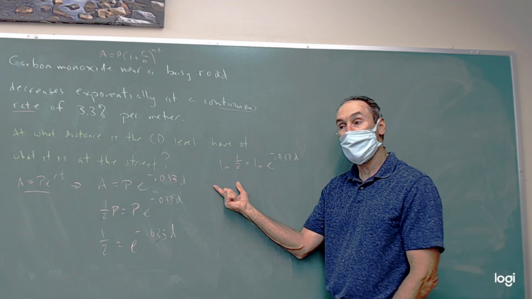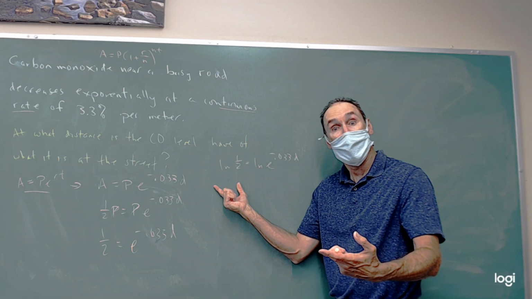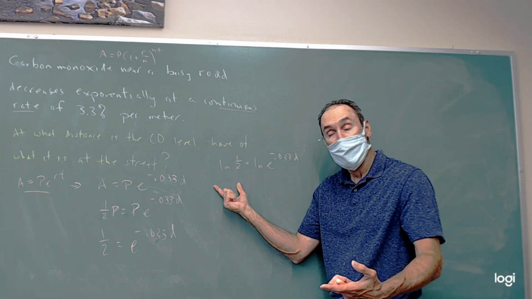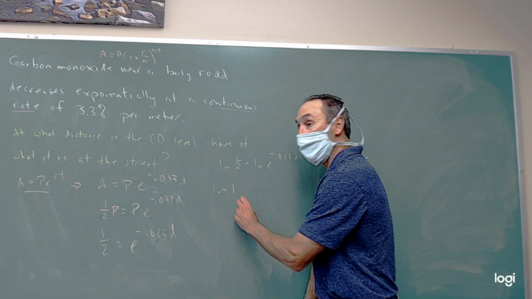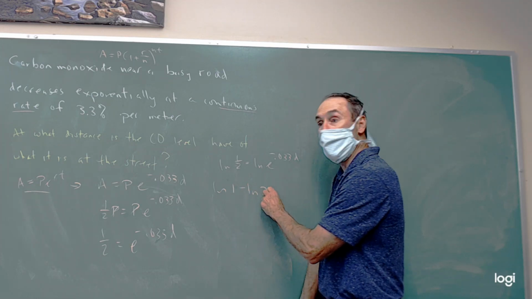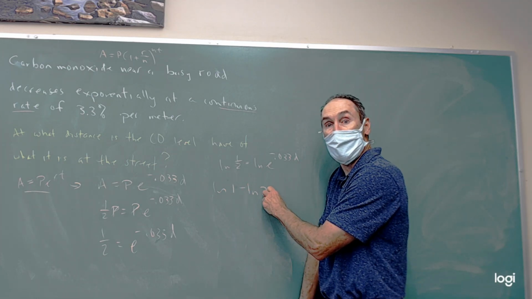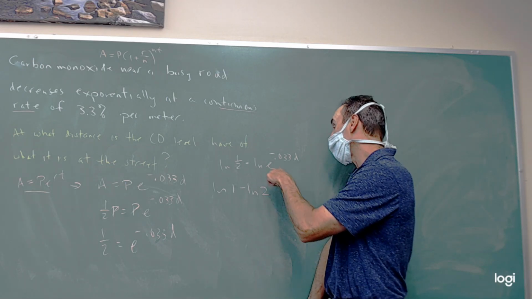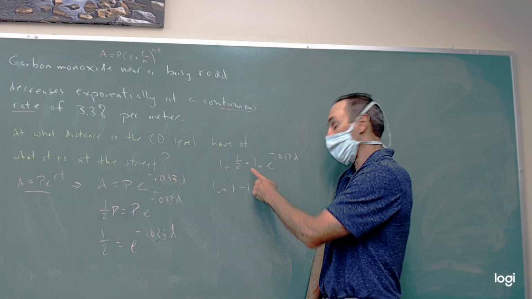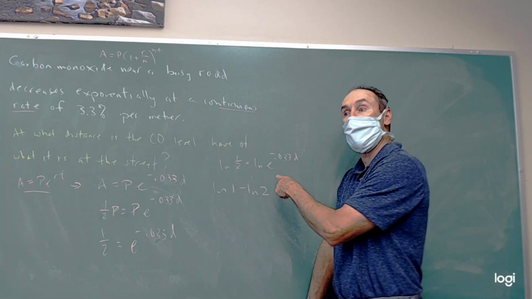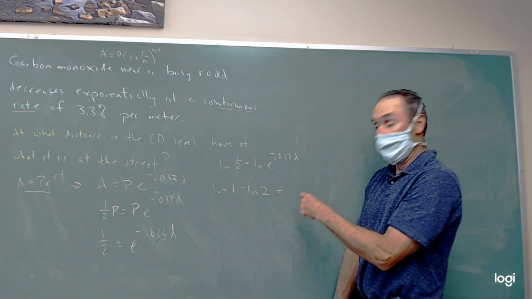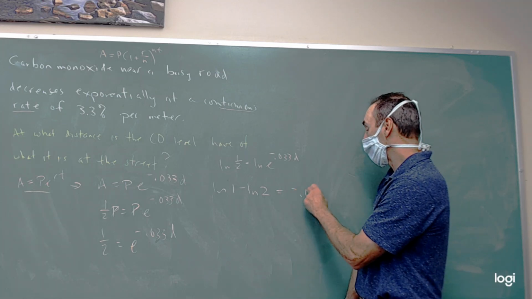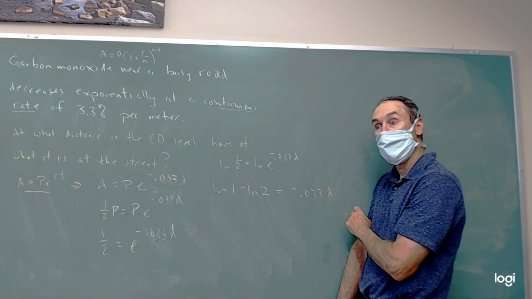The log of a fraction we know is the natural log of the numerator minus the natural log of the denominator, right? Log of x over y is log x minus log y. And we said that the natural log and an exponential with base e are inverses of each other. On this side, we're going to get negative 0.033d.